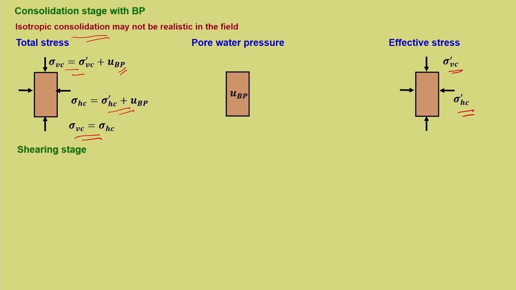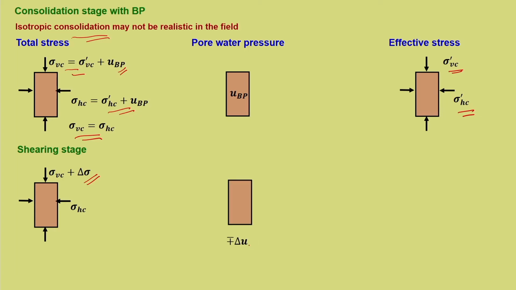So, once the consolidation is completed, that means there is no more drainage of water happening, then the next stage is shearing stage, and this is done under undrained condition. So, here we are increasing by delta sigma, the stress difference, or whatever is the axial stress which is imparted to the sample, that is delta sigma.